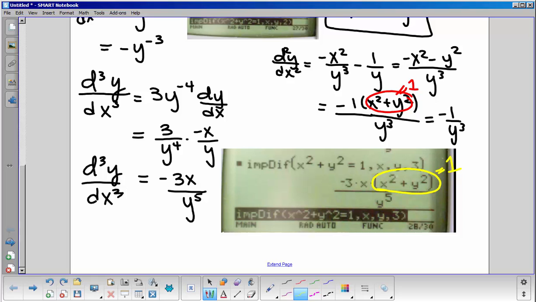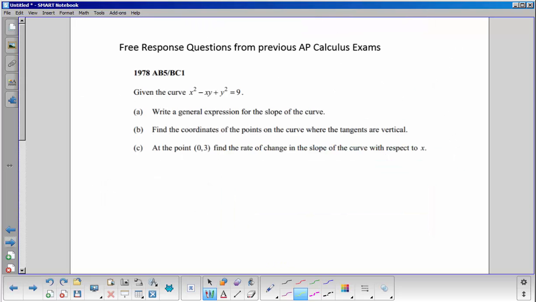I figured let's do some free response questions from the AP exam, and these were the first 2 I came to. 1978 and BC1. We'll have it set up if we have to go back, right? So I handed you the sheet, right? You got this sheet? So you don't have to write the question out.